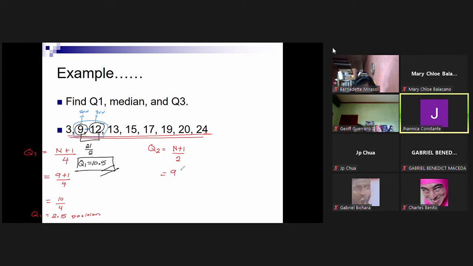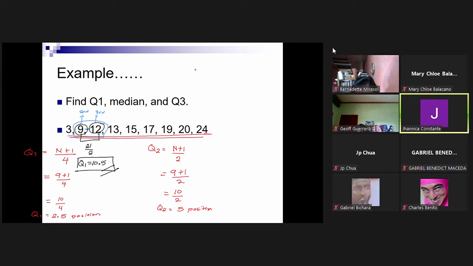So we have 9 plus 1 divided by 2. We have 10 divided by 2. The position of our quartile 2 is 5. That is the position of the quartile 2.